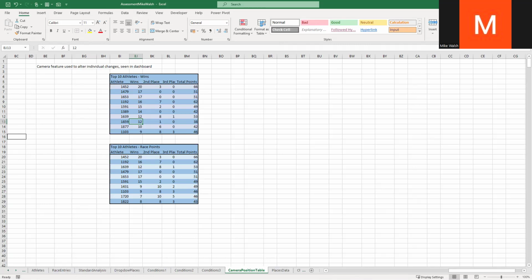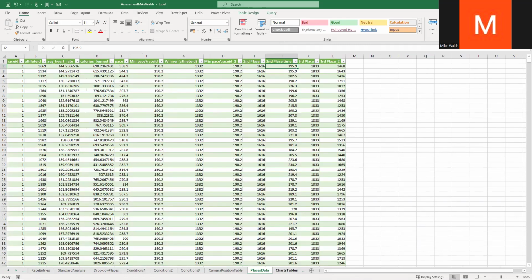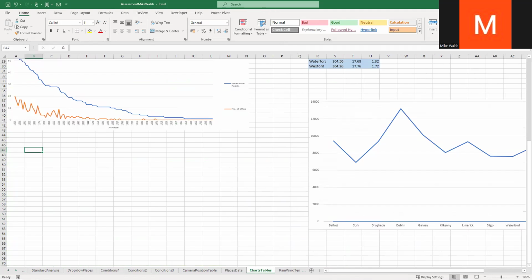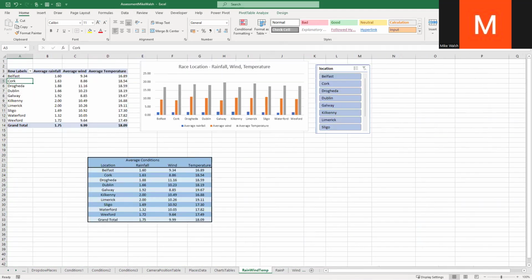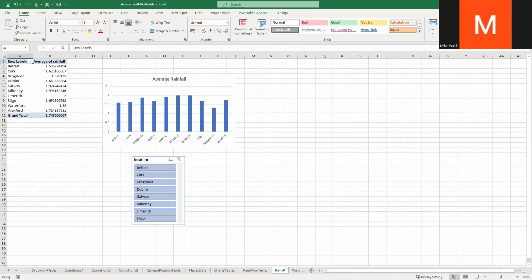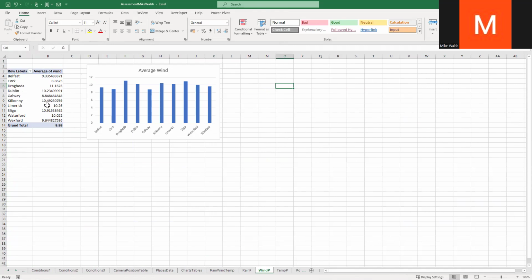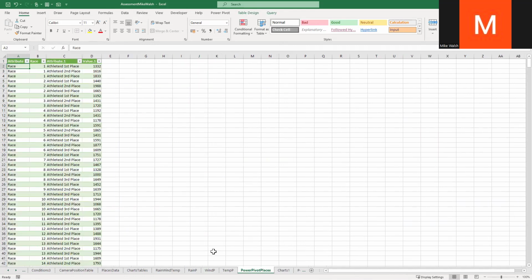And these are just tables I'm working with and different power queries related to wind, for example, or temperature.